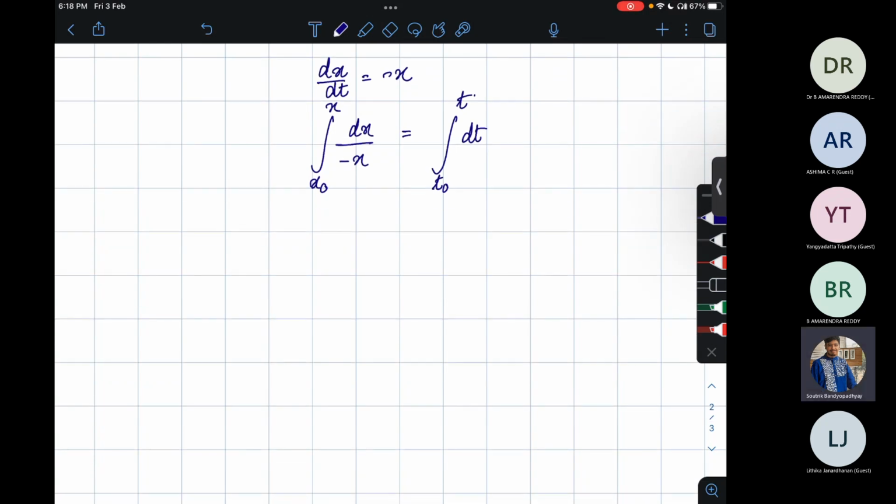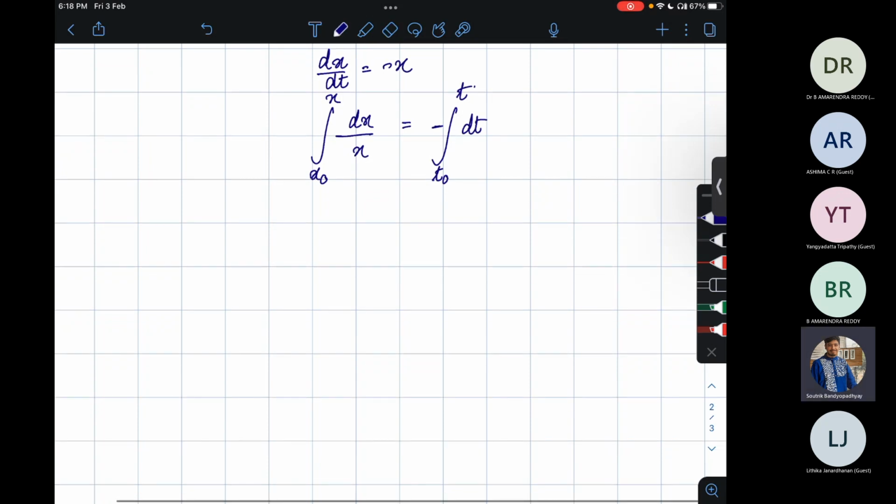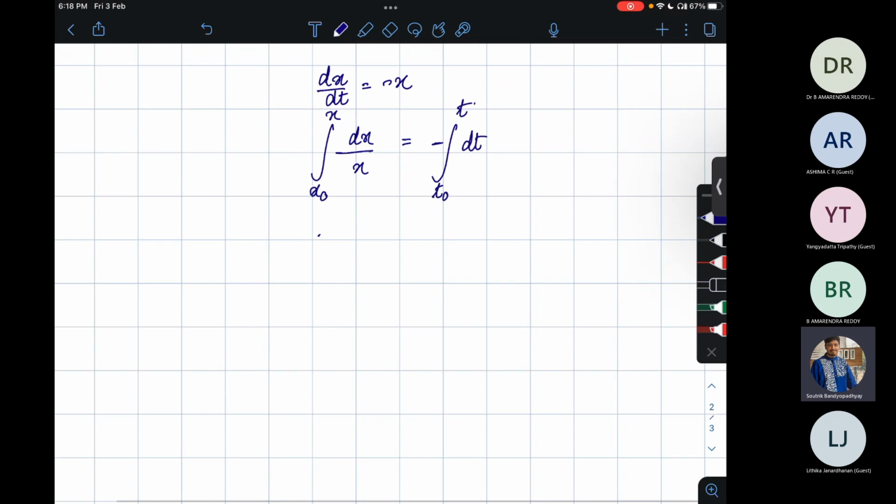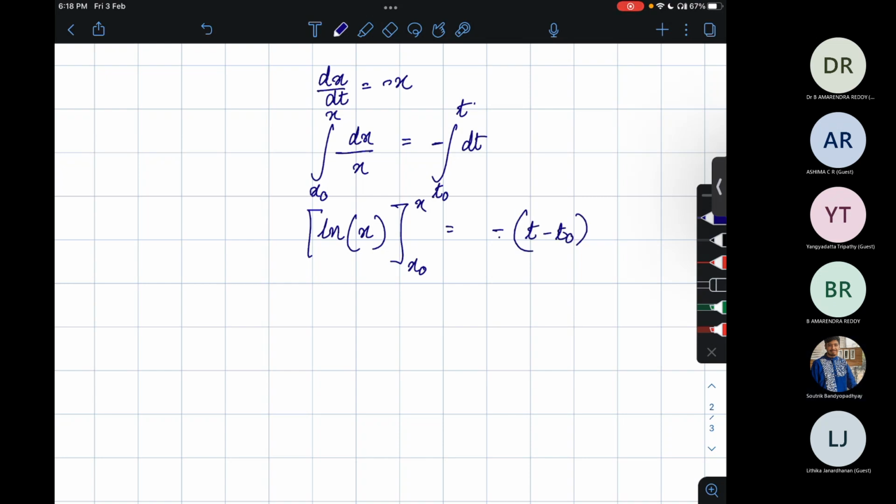I can shift this minus over here, and this is essentially the natural log of x from x naught to x equal to minus (t minus t naught).